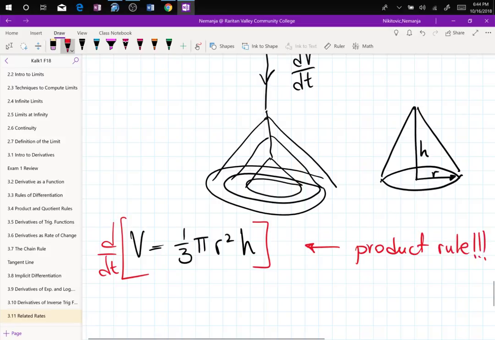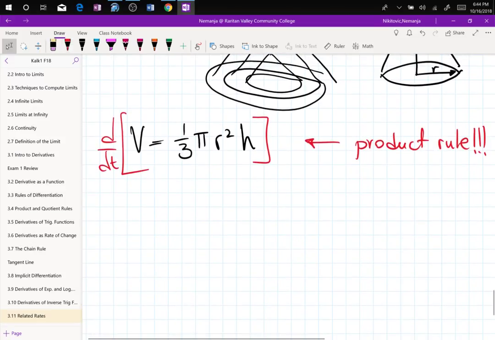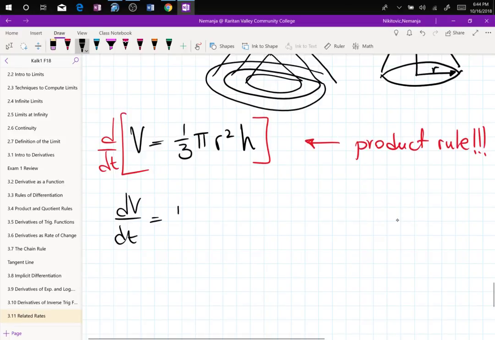So this time around, radius is a variable, height is a variable. Since they both change, they're all variables. So now we have dV/dt is equal to pi over 3, which is a constant. Kick that outside and just deal with the product rule inside.